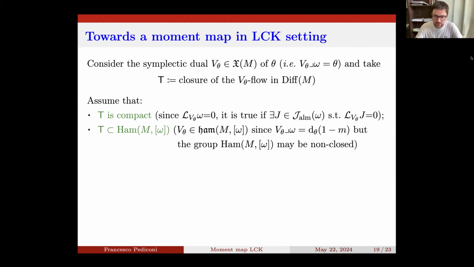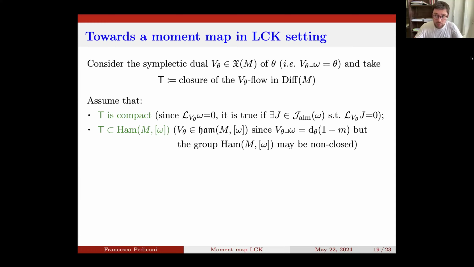So actually, this is true whenever you get an invariant J, and for example, this is true if you start on a Vaisman manifold. Okay, so in some cases we know that it is true. The fact that we ask that T is Hamiltonian is due to the following. The vector field v theta is actually twisted Hamiltonian, and it is easy to show.